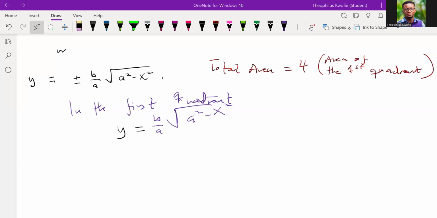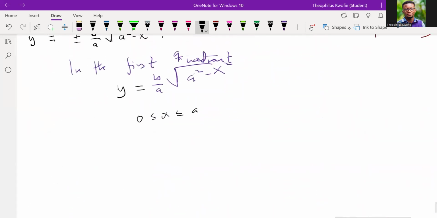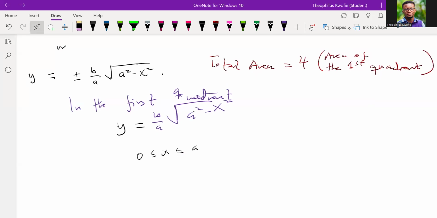Now we see that since we're in the first quadrant, x should lie between 0 and a. Very important. So let's take note of that.